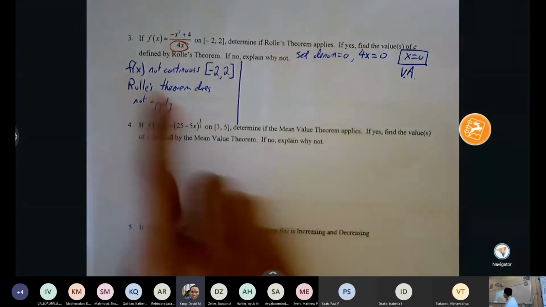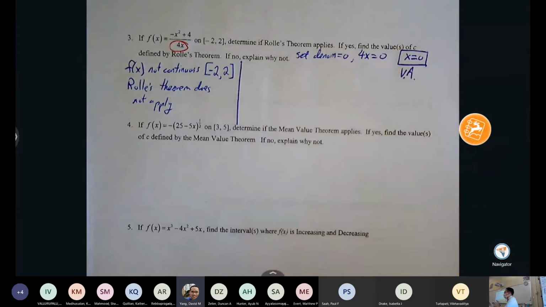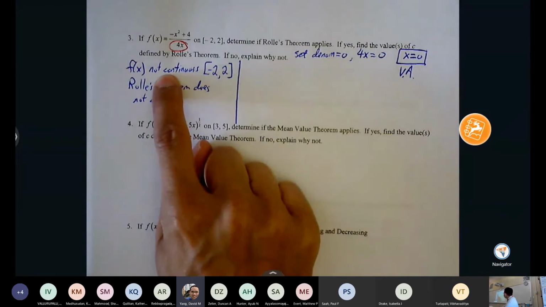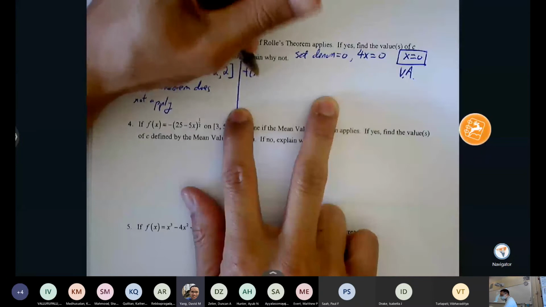Okay. So that's the end of the problem, but I want to just go through the steps, make sure if it does apply that we know what to do. So let's say it was continuous. Then you can just go ahead and state your function is also differentiable.